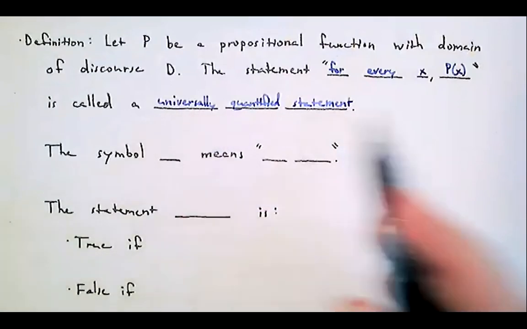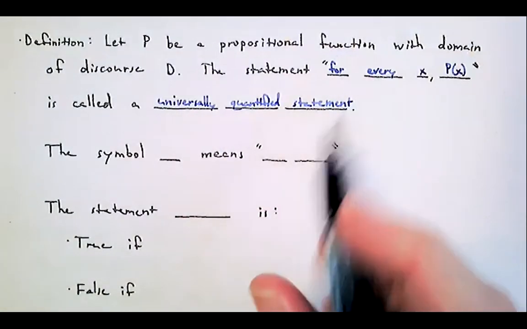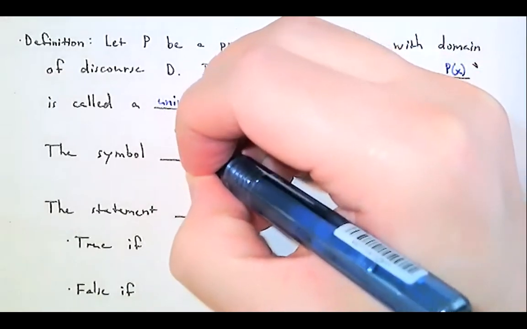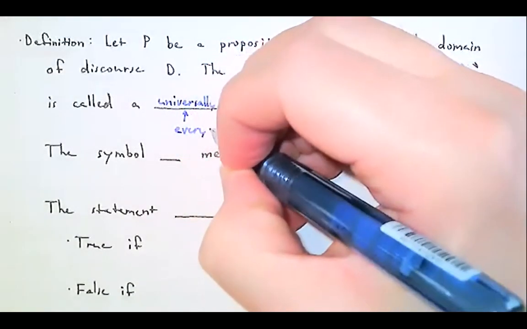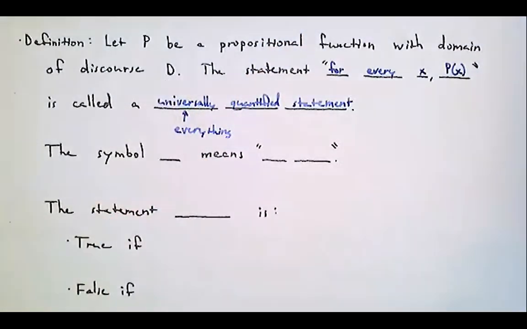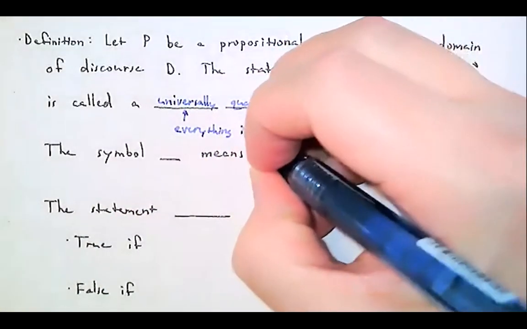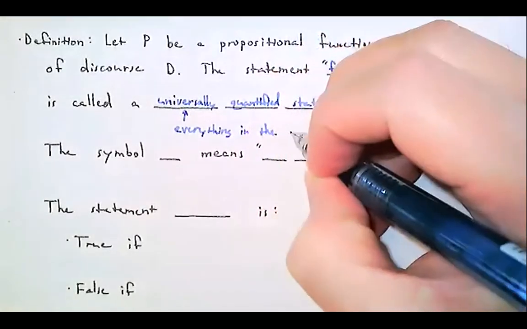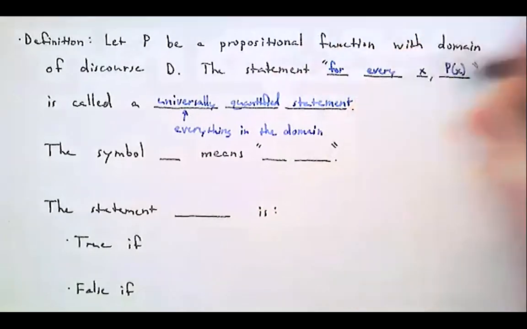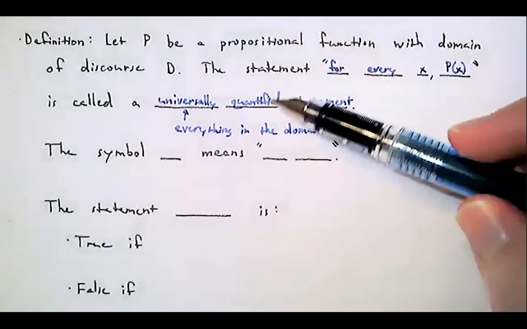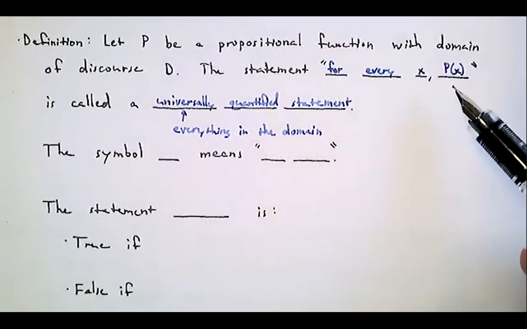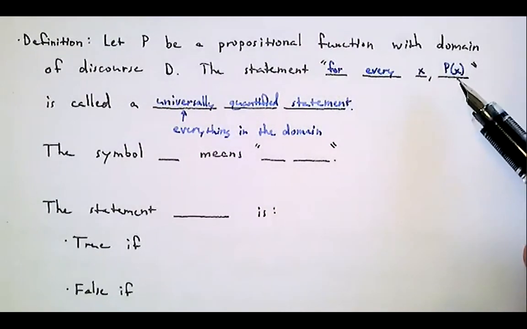So universally, because we're talking about everything, that's where this word comes in, or at least everything in our domain. And what this statement is saying is that for every x, P of x should be true.